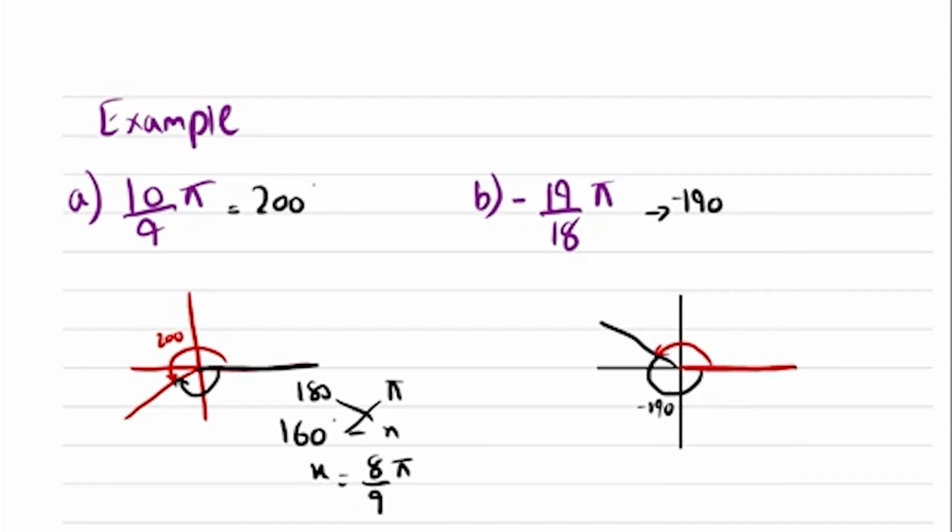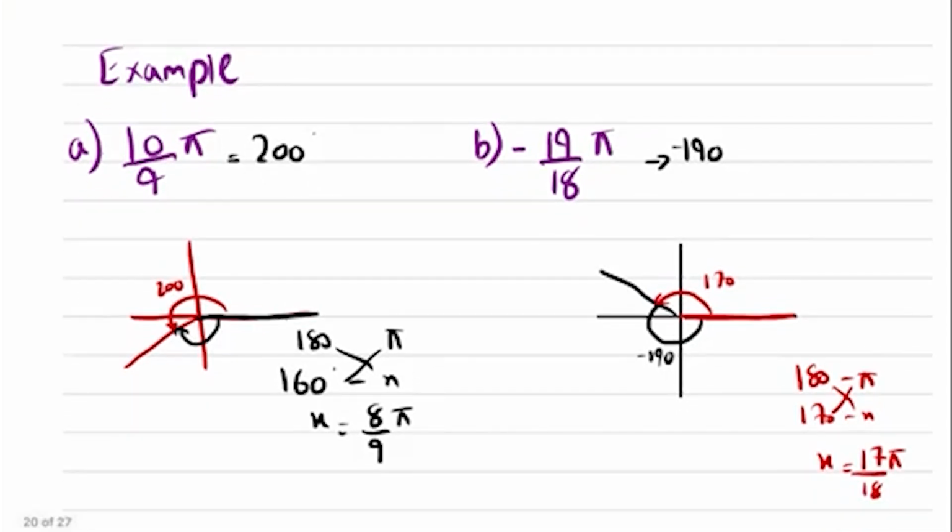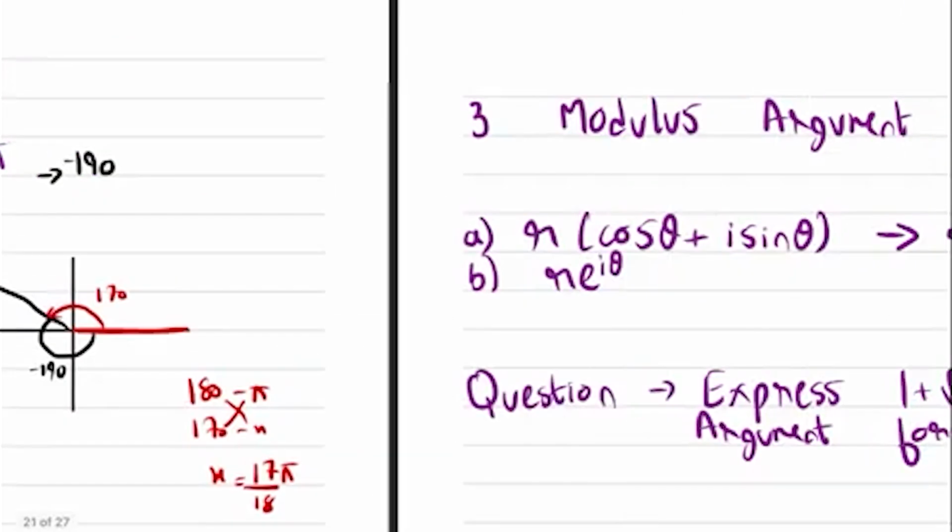So if this part is 190, what is 360 minus 190? That's 170. So if you convert that to radian, it's going to be x. Do you get this? So my answer will be 17 upon 18 pi. Do you get this, guys? So that's how argument is done.